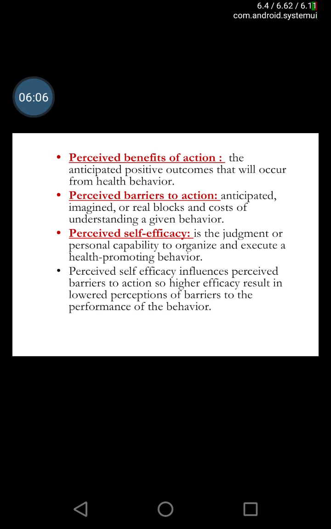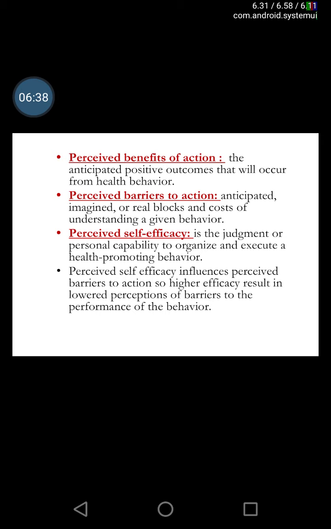It is the judgment of personal capability to organize and execute a health promoting behavior. After we give health education about dietary practices and exercise, the person feels, yes, I can do it. That is perceived self-efficacy.